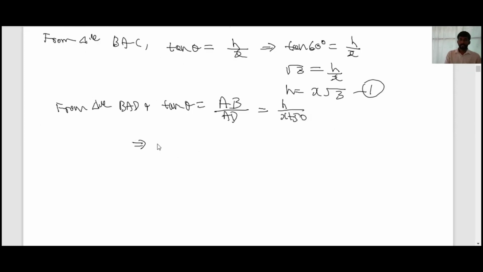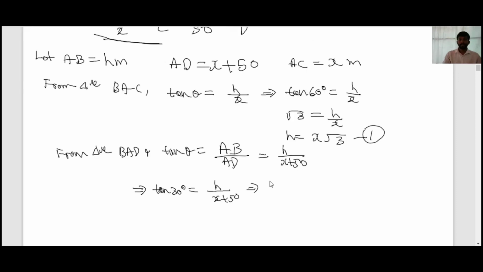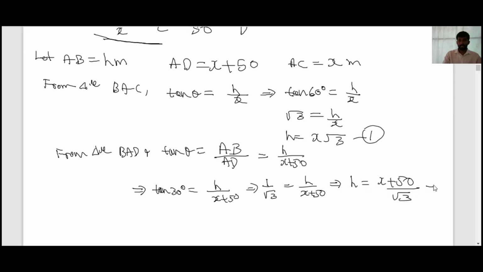This implies tan theta, that's equal to tan 30 degree is equal to h divided by x plus 50. What is tan 30? Tan 30 is equal to 1 by root 3 is equal to h by x plus 50. This implies cross multiply, h is equal to x plus 50 divided by root 3. Take it as equation 2.